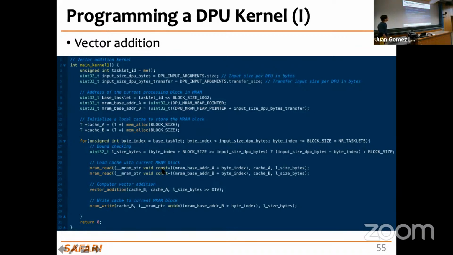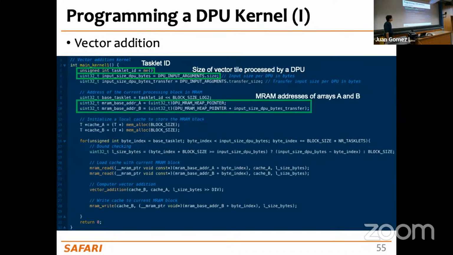But for now, you already know where those arrays that we transfer are. Now we have an address called MRAM base address A, MRAM base address B, to access those buffers that were transferred from the main memory to the PIM-enabled memory. Now we know how to access them from the kernel itself. So here we have the tasklet ID. This is the size of the vector tile processed by a DPU. So this is the size of the chunk that we have transferred to the DPU.